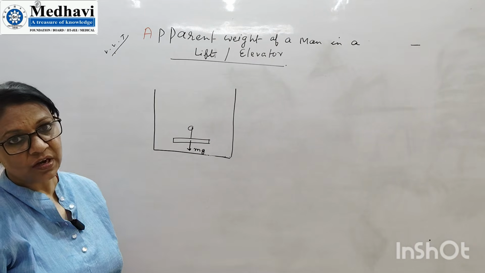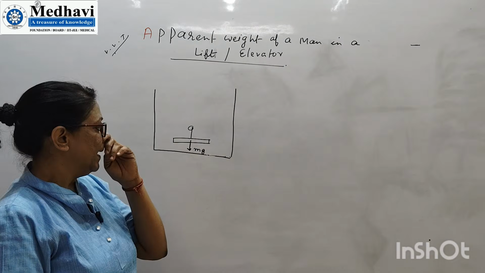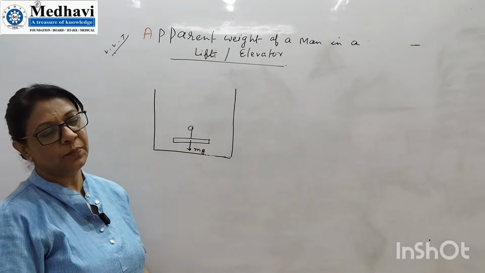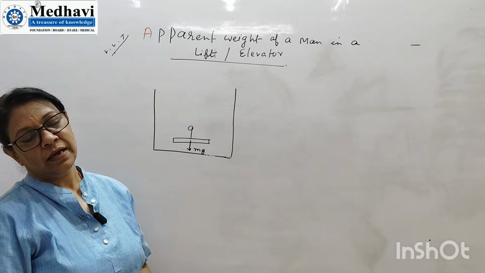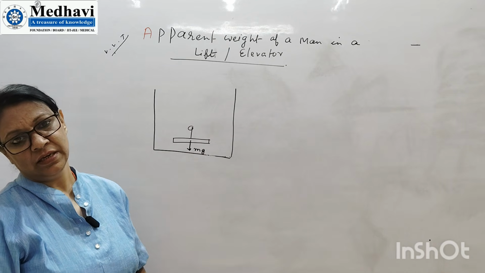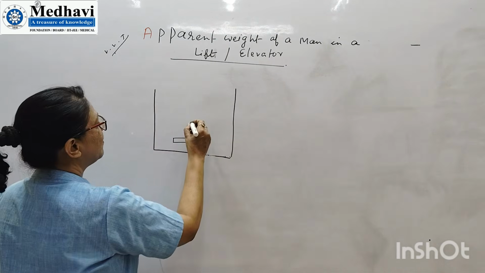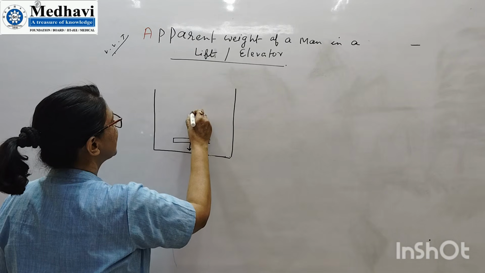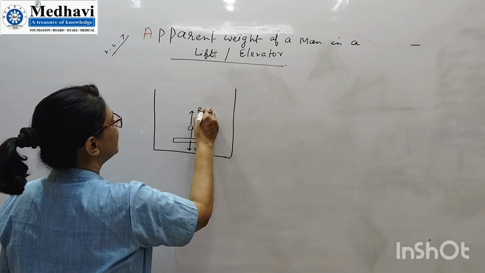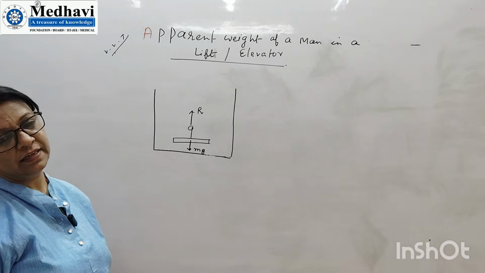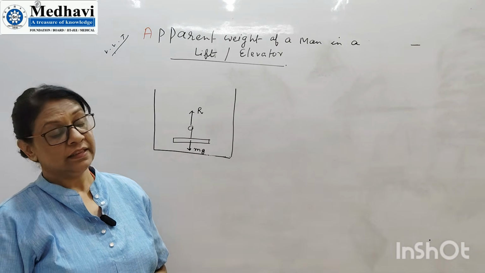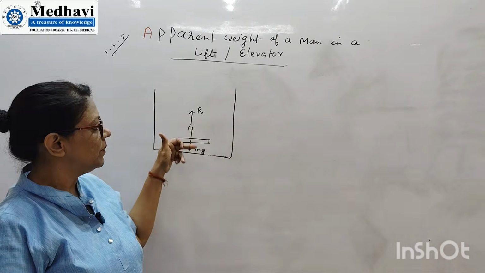This is the actual weight of the person, and as the person is on the weighing machine, the weighing machine will apply a force of reaction R, and the reading is this reaction force.